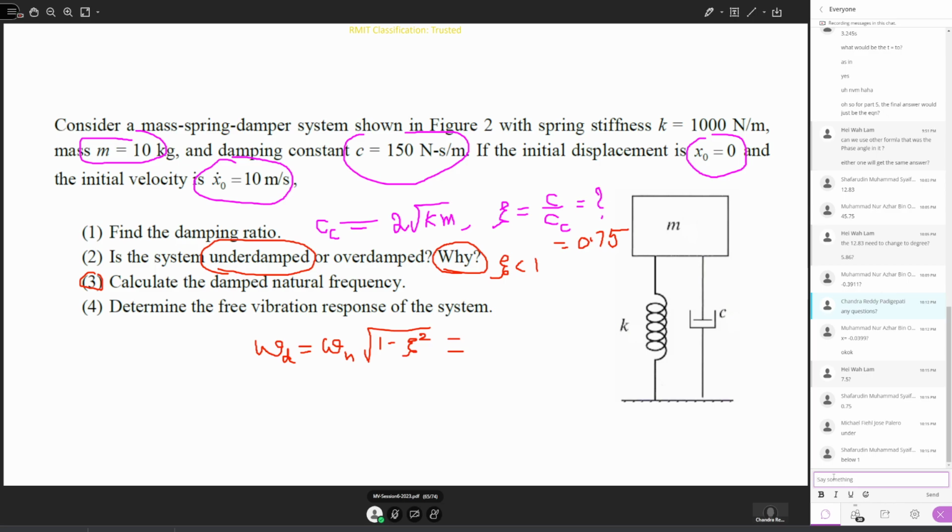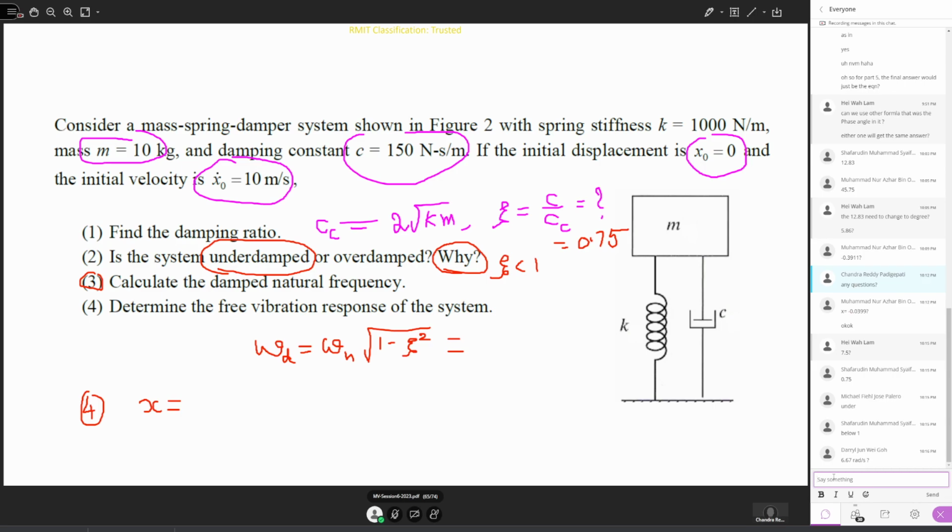Let me know what the damped natural frequency is. That's correct, 6.67 radians per second. I just take it as 6.6. Whatever value you get, you can write.